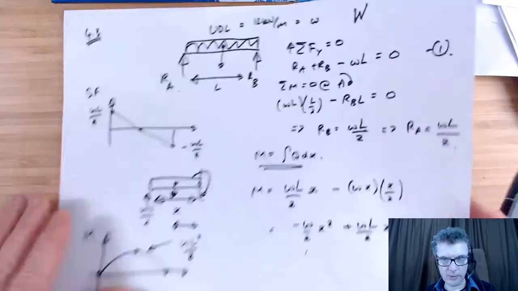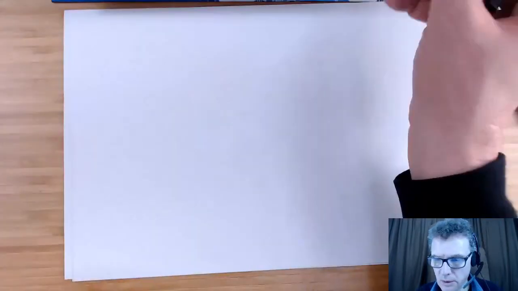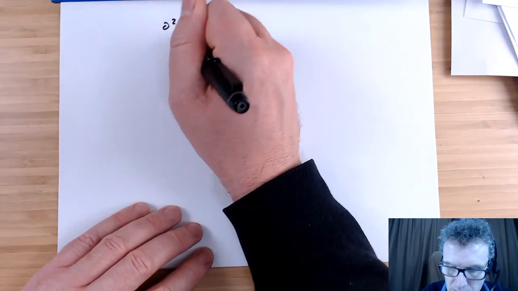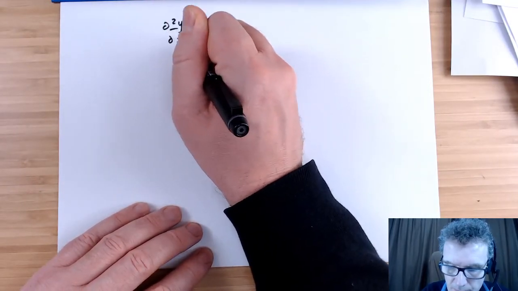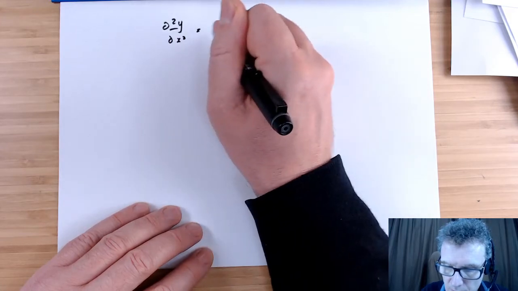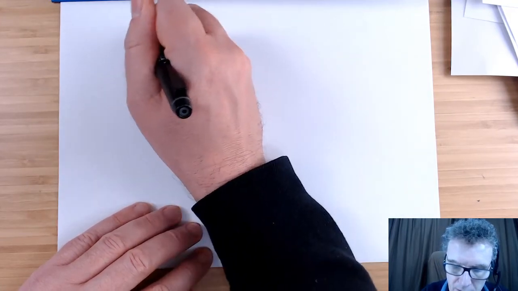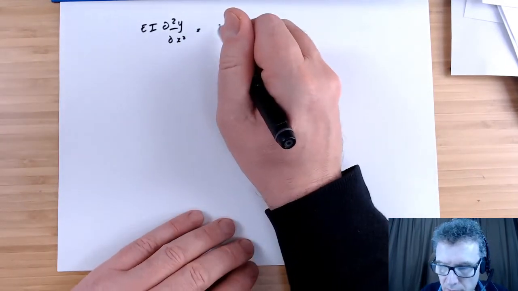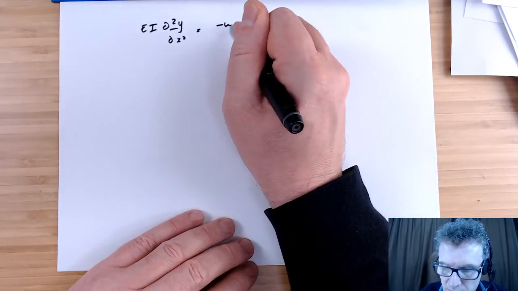There we go. Right, so I've got my M equation. I'm now going to stick it into here. Bring the EI up onto the left hand side, and then we want to integrate this.